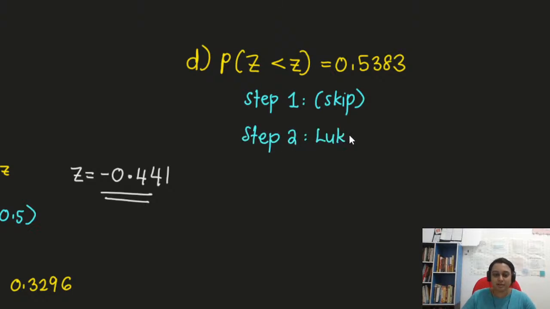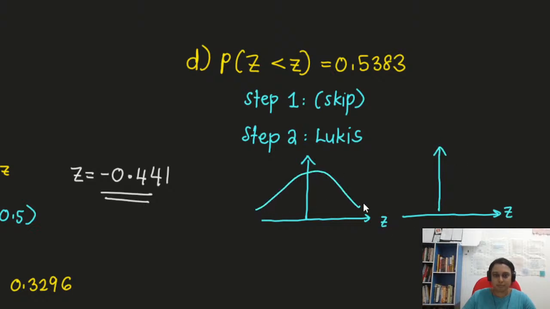We draw the graph. Okay, we draw two graph. One side you put on the left like that, another one you put on the right like that.